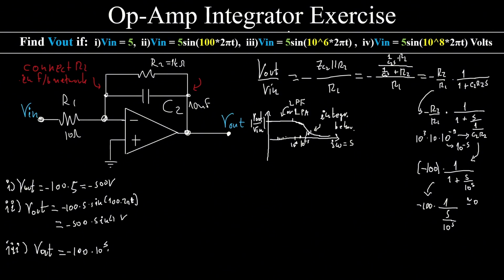How much is the integrated signal? 5 over 10 to the power of 6 times 2 pi. Don't forget the 2 pi. Times the cosine. Of course, there is a minus here, so this becomes plus. Be careful with integrating. Obviously, this goes without saying.